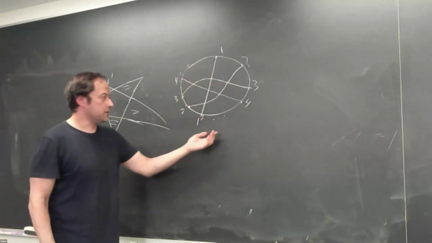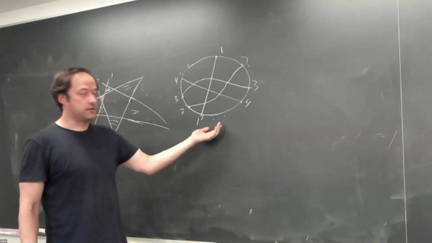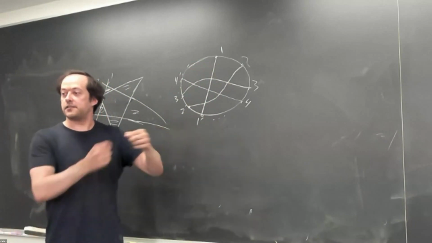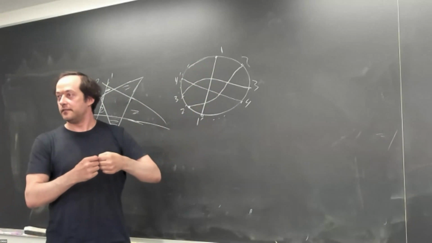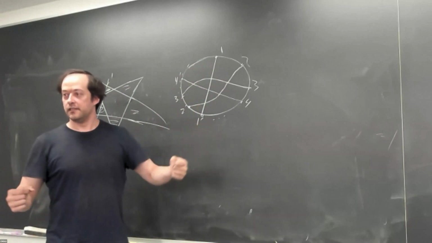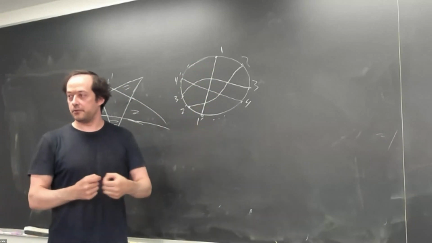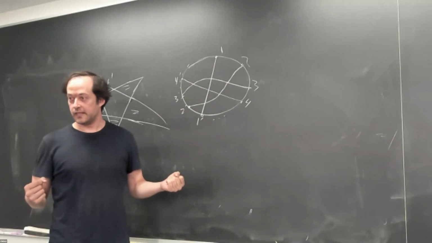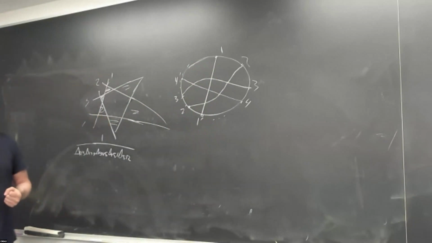The question is, what happens when you try to play this game when this is non-realizable? When you cannot straighten these lines without crushing some of the triangles. This came from joint work with Freddy Cachazo and Yang Zhang.